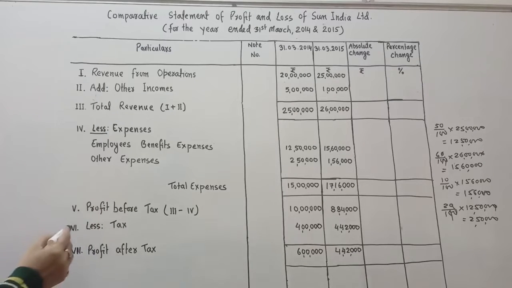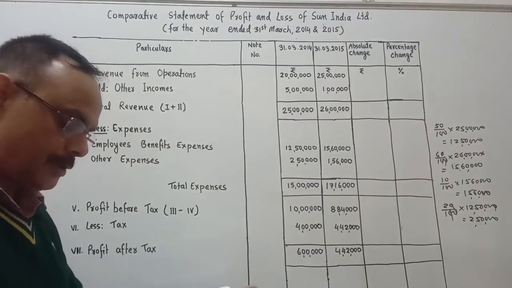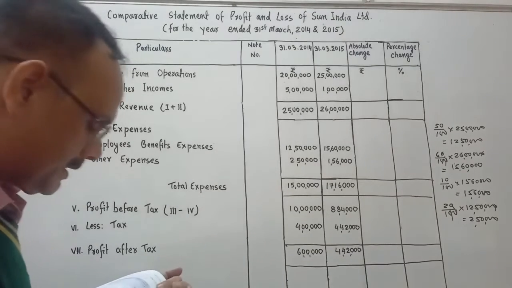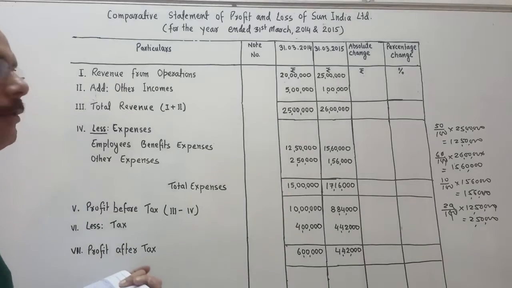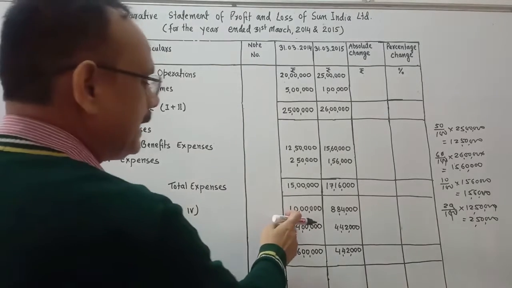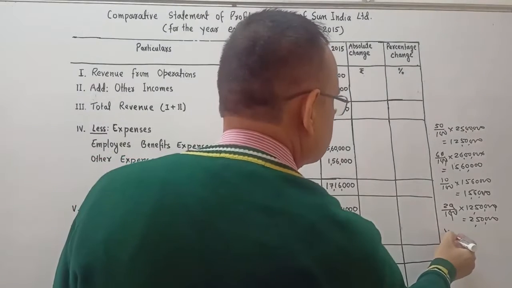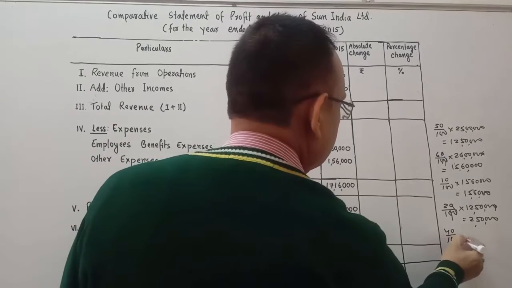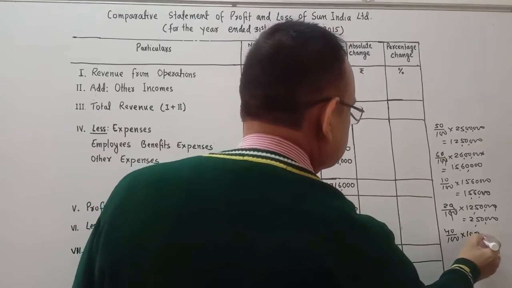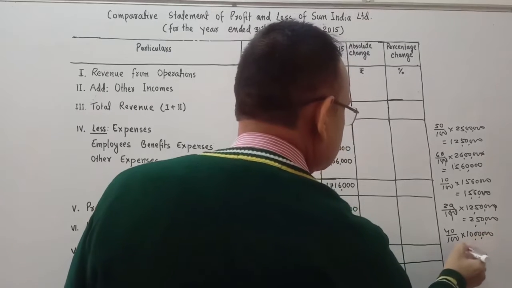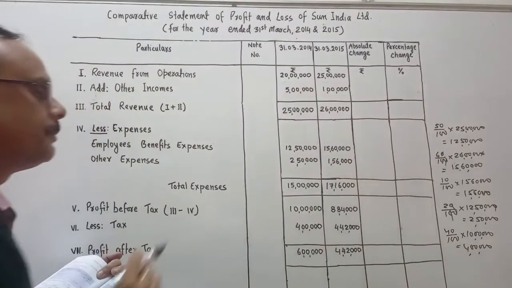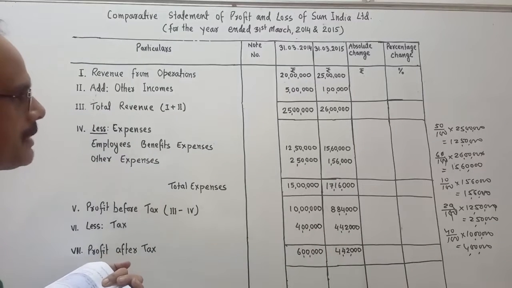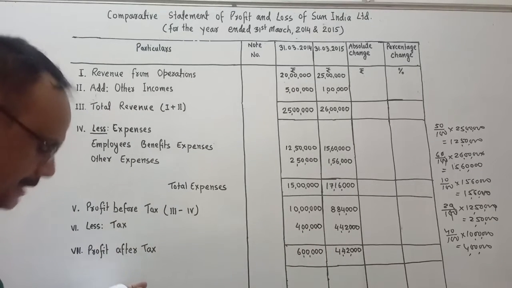Now come to the tax. 6th number is your tax. We'll calculate the tax. In 2014 tax rate is 40%. 40% of 10 lakhs is 4 lakhs. So tax is 4 lakhs. And in 2015 tax rate is 50%.